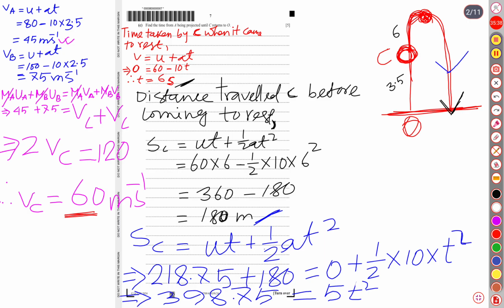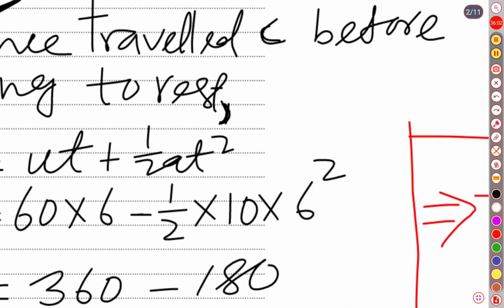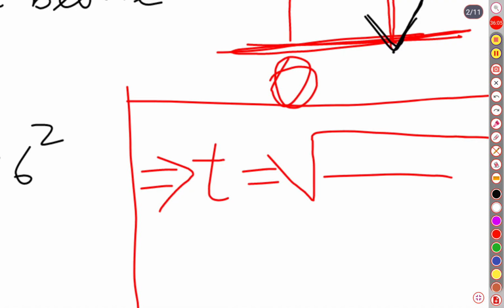Let me write just over here because I don't have sufficient space to continue writing over here. So from 5t squared, t is equal to the square root of 398.75 over 5.